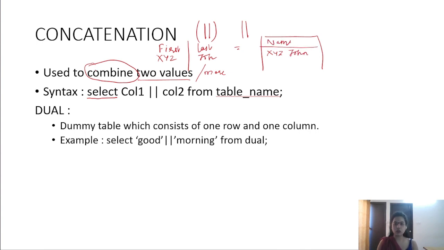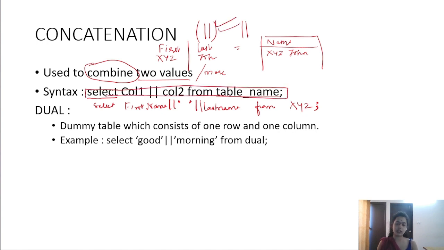So I'll go for concatenation. Select first name, basically your column name, concat a space also, right? So you have to add a space here, concat last name from your table XYZ, suppose. This is the syntax you have to keep in mind when it comes to concatenation.